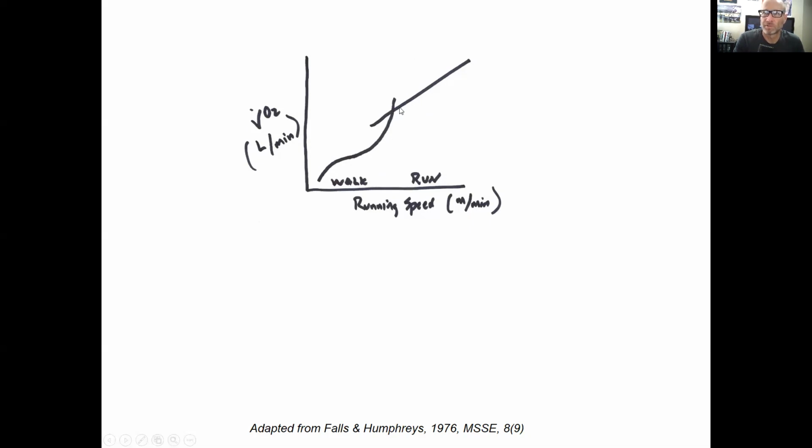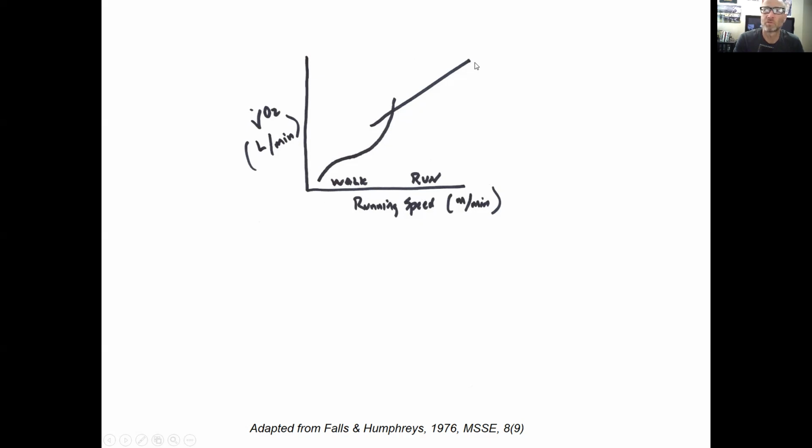We'll talk a little bit more about when someone does decide to transition from walk to run. Interestingly, it's not the speed at which these two lines cross. We may actually start deciding to run sooner than that speed if we're increasing speed.